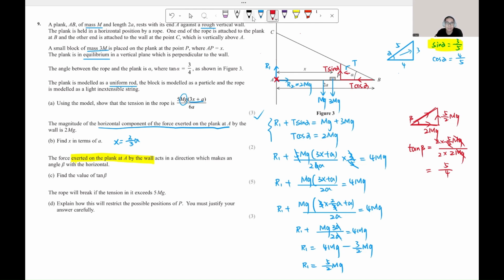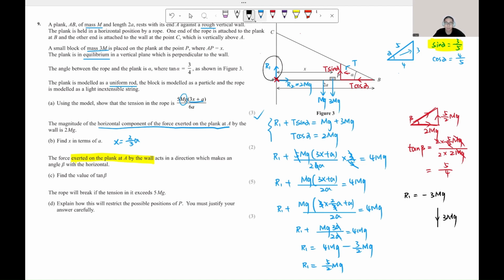Another thing you need to be careful of is that sometimes you won't get positive values. It could be a negative value. So if eventually you work out R1 is equal to, let's say, negative 3 mg, then how you sketch this, it should be 3 mg goes down. Because force is a vector, if you have a positive value, it just means it's the same direction as your original direction, because you drew a vertical line upwards.